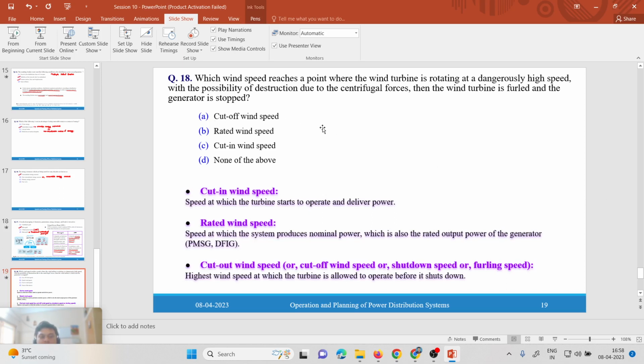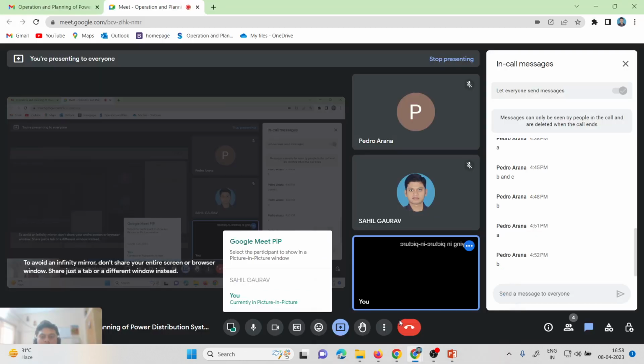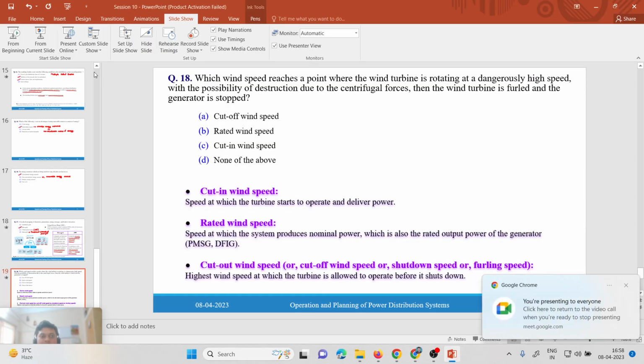The options are cut off wind speed, B option is rated wind speed, C option is cut in wind speed, D option is none of the above. You have to tell the speed beyond which the wind turbine needs to be stopped, otherwise it will get damaged. So what is the term called? Pedro, you can type your answer in the chat box.